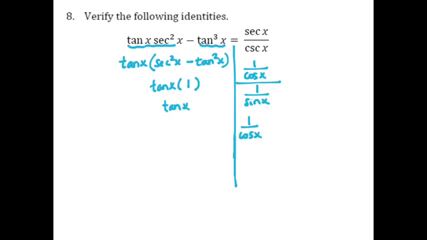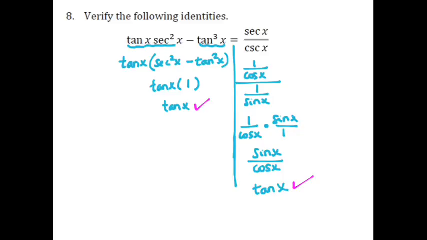So I'm going to keep 1 over cosine x times, and I'm going to do the reciprocal of the other one and make it sine x over 1. And so if we multiply those two fractions together, we get sine x over cosine x, which of course is equal to tangent x. And now my two sides are the same.